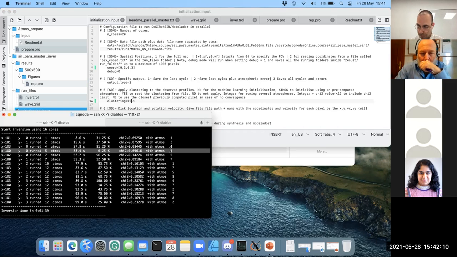If you don't specify the chi-square, as Carlos mentioned, it just runs them all and picks the best. If you put the chi-square limit, it goes to the first one and checks if the chi-square is already reached. If not, it jumps to the second one, checks again, and so on. So it always goes incrementally.